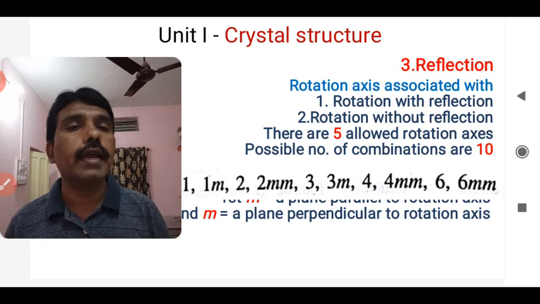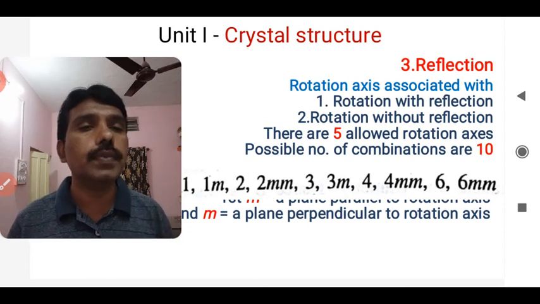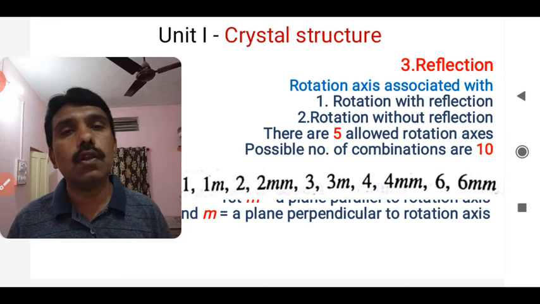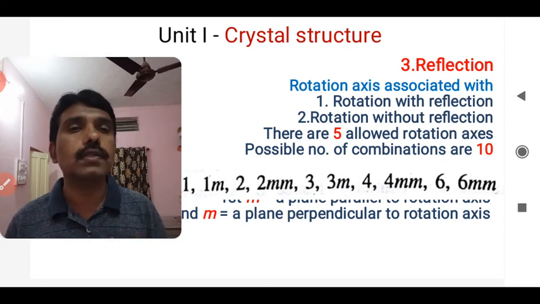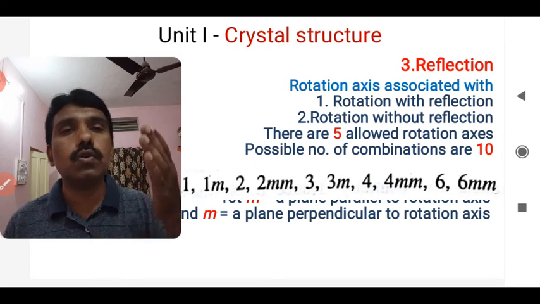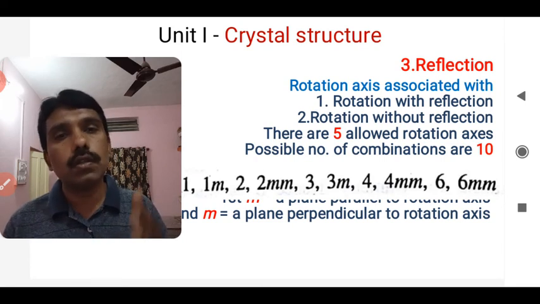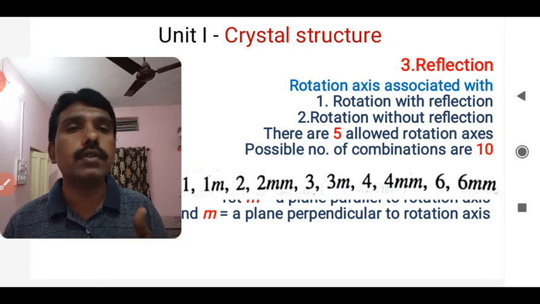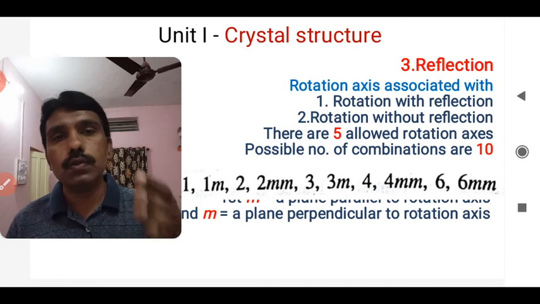Here, m is representing the plane: the first m represents the plane along the axis or passing through the axis, and the other m represents the plane perpendicular to the rotation axis. The first is the line of symmetry along the axis, and the other is the plane or line perpendicular to that rotation axis.